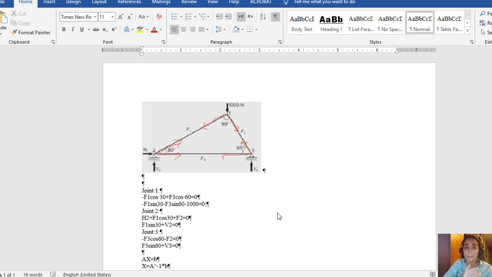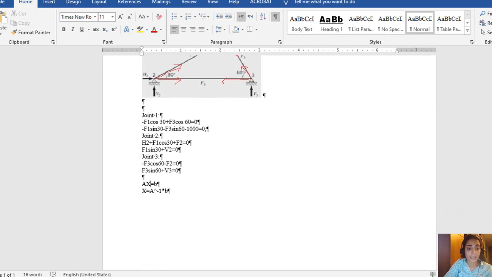So basically, guys, try to conserve your order. So first of all, define this X. In this order, let's say you're gonna start with F1, F2, F3, and then H2, V2, V3, so that you can find the coefficients of these unknowns in A, and then B will be the constant. So this is what I'm gonna do here.